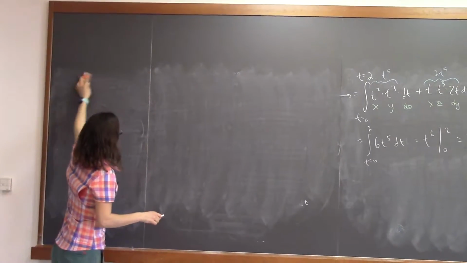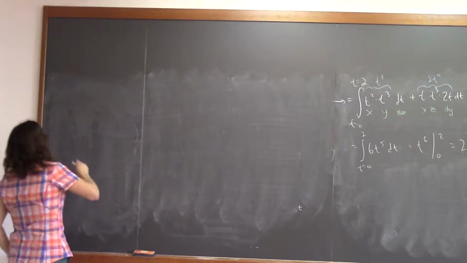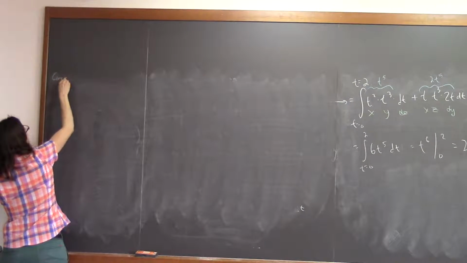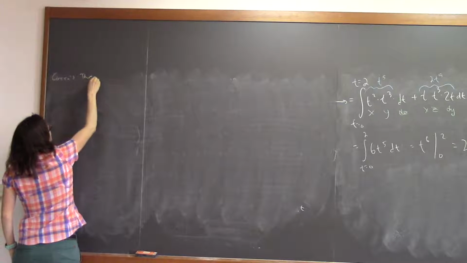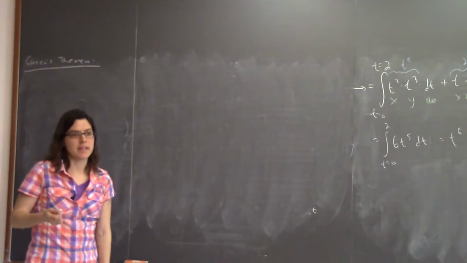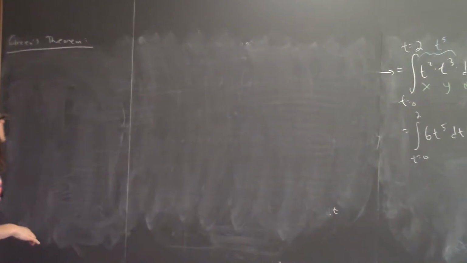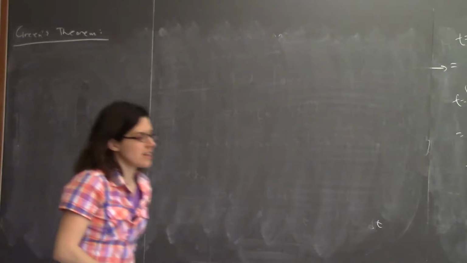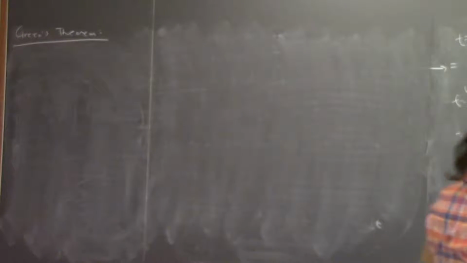Okay. So Green's theorem is about vector fields in the plane. So just 2-dimensional vector fields. So let me make sure I get all the words the way that they're supposed to be.